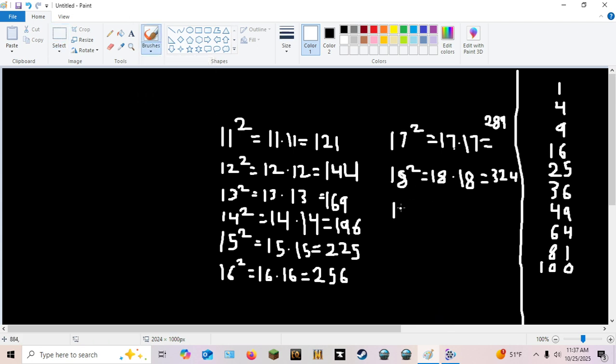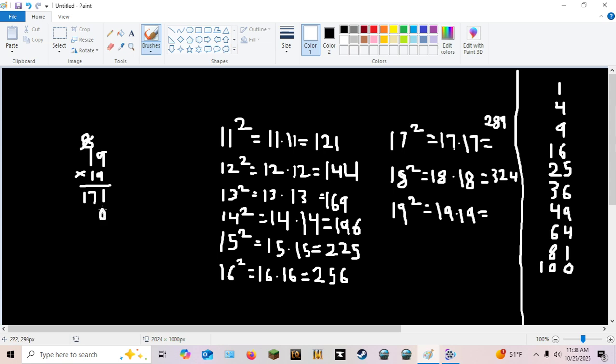Now 19 squared is equal to 19 times 19 equals what? Do the standard algorithm. 9 times 9 is 81. And then 9 times 1 is 9. 9 plus 8 is 17.